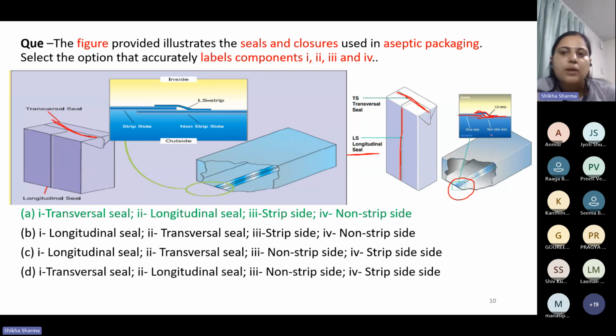The non-strip side is at the bottom, the strip side will be at the top, and these two will be connected using the longitudinal strip. Inside will be our strip side and outside will be our non-strip side, and this will be connected with the LS strip, which is the longitudinal strip.